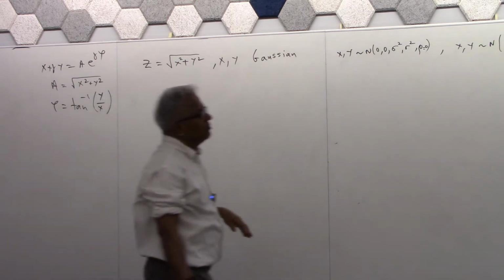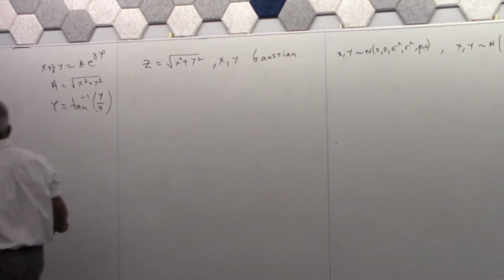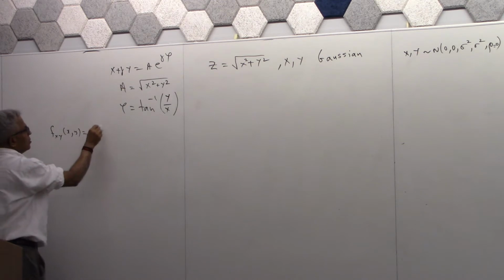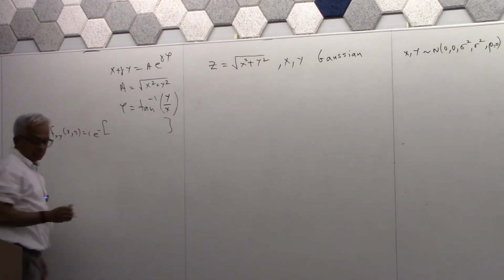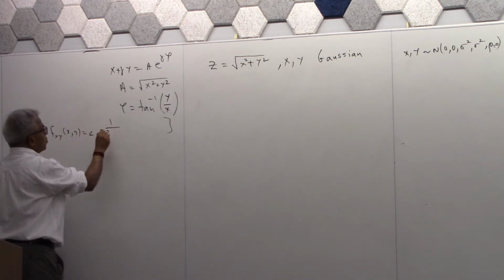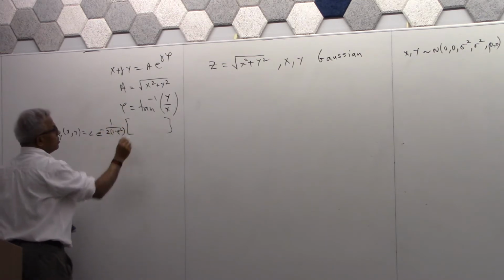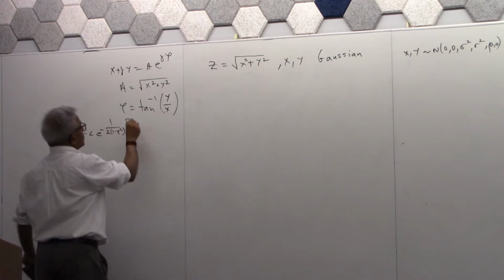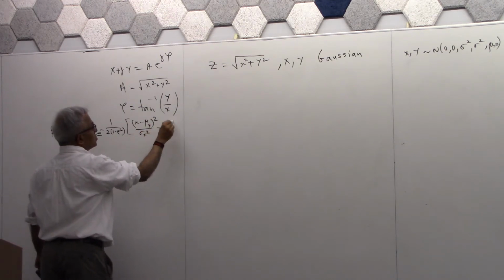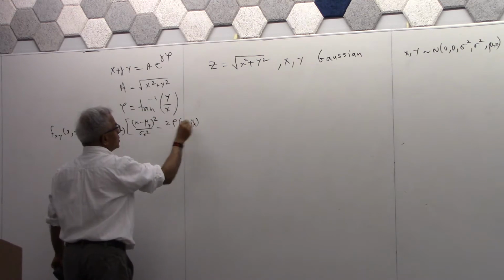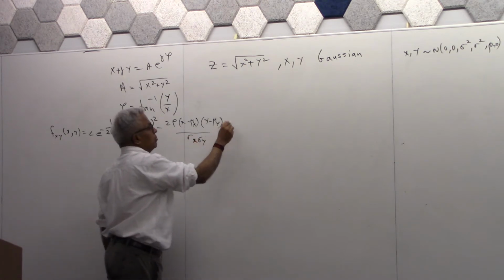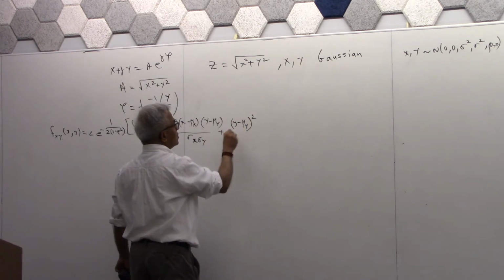Remember, when we say two random variables are jointly Gaussian, you have f_XY(x, y) equals some constant c times e to the power minus 1 over 2(1 minus rho squared), then you have three terms: x minus mu x the whole squared over sigma x squared, minus 2 rho (x minus mu x)(y minus mu y) over sigma x sigma y, plus (y minus mu y) squared over sigma y squared.